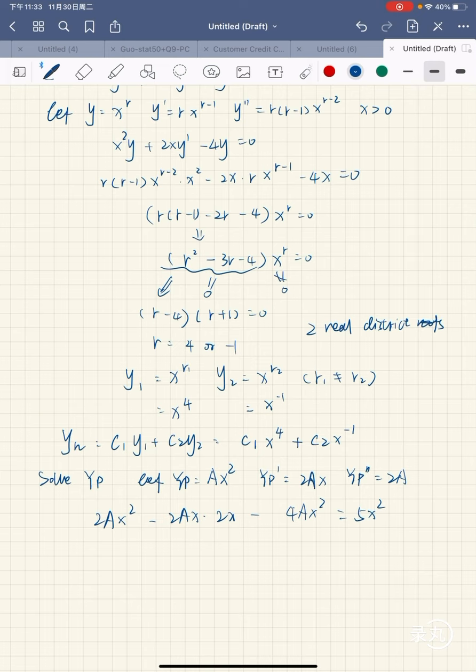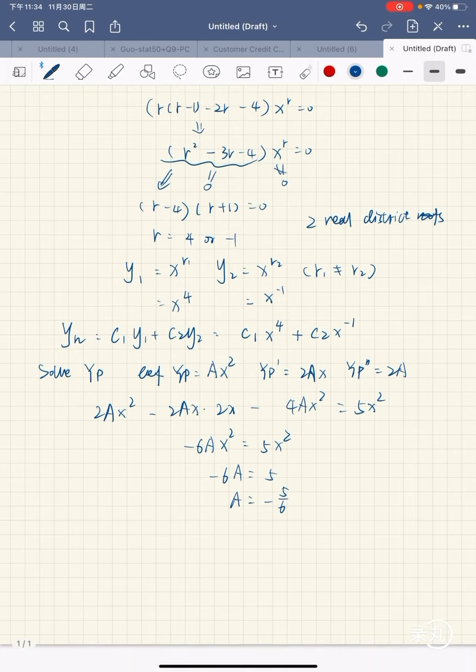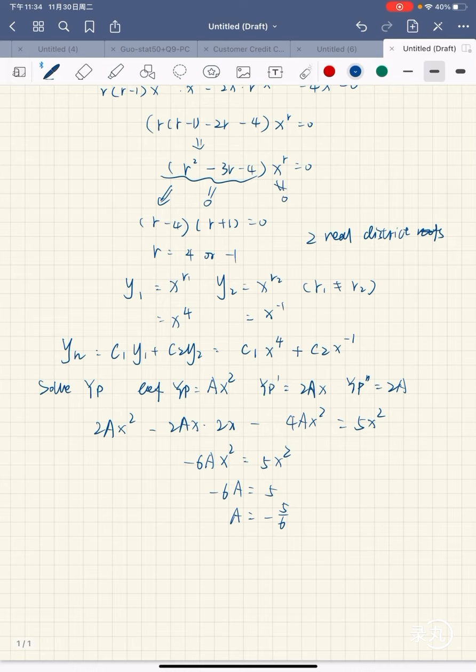And then let's calculate. So it's going to be minus 6a x squared equals 5x squared. So minus 6a is 5, a is minus 5 over 6. And then y particular will be minus 5 over 6 x squared.